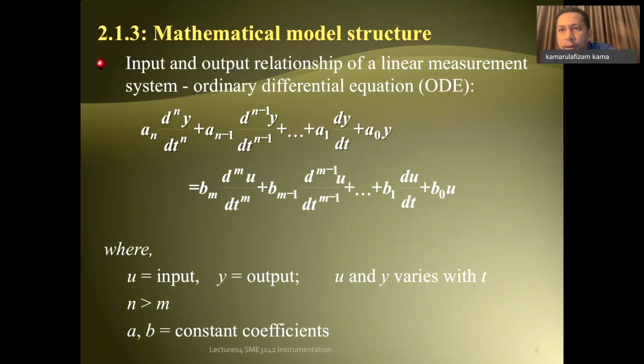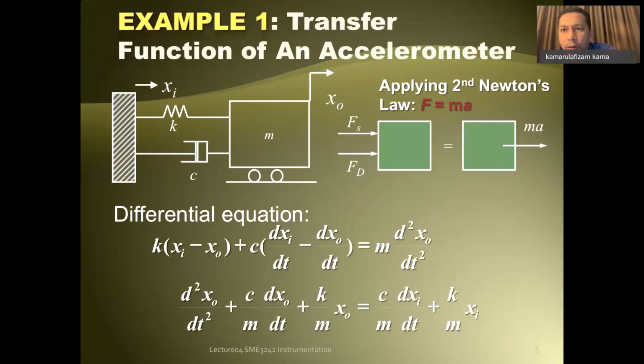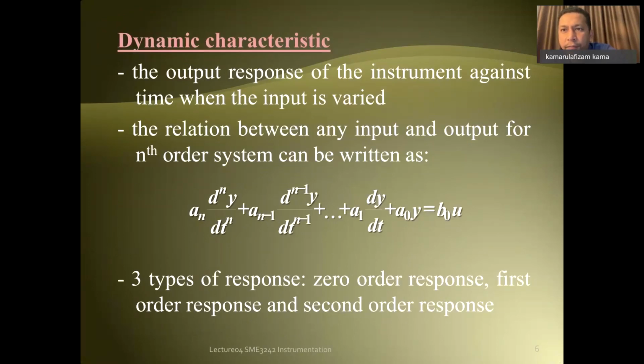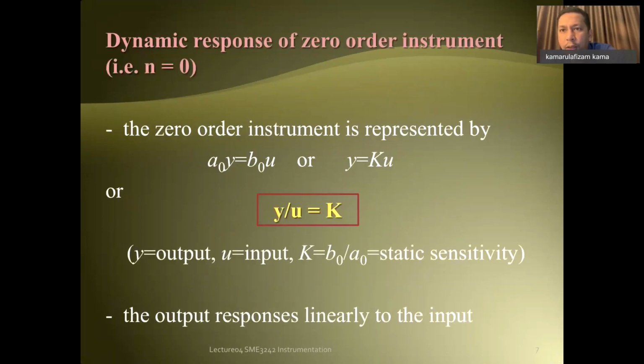So we remove all the t. If you remove all the t terms, you have only a_0 y equal to b_0 u. So this is what you have here, and output over input, basically, you have k.